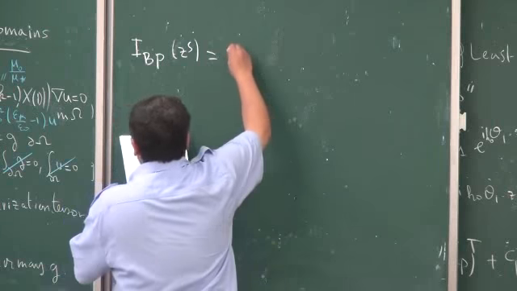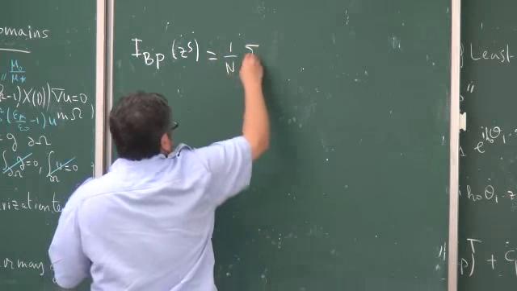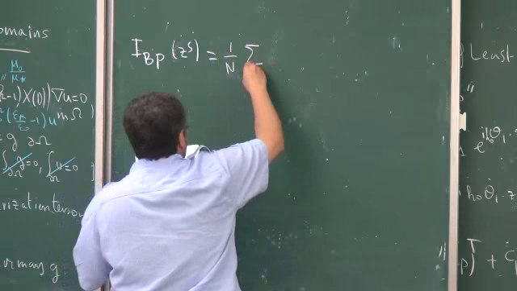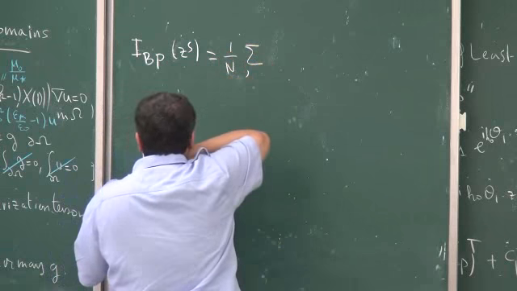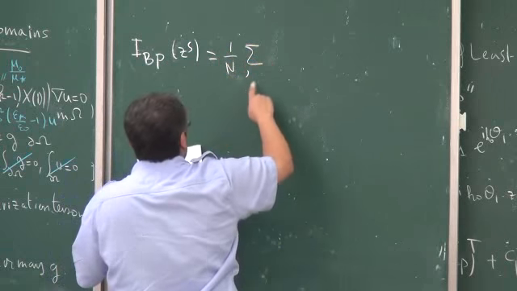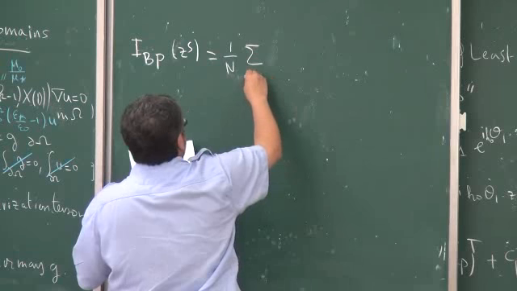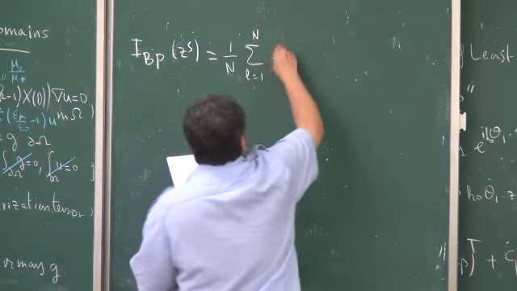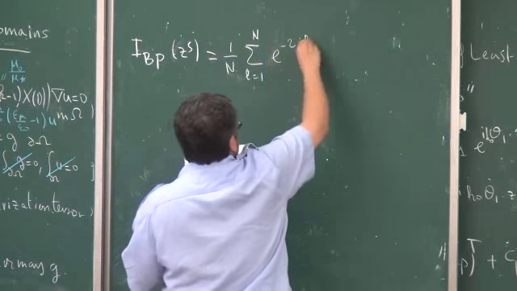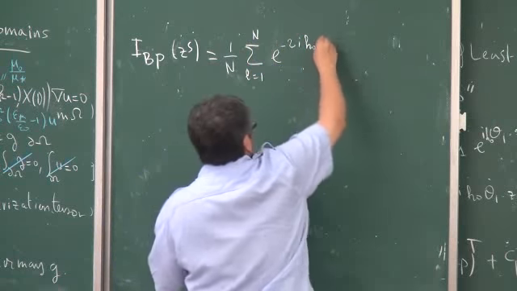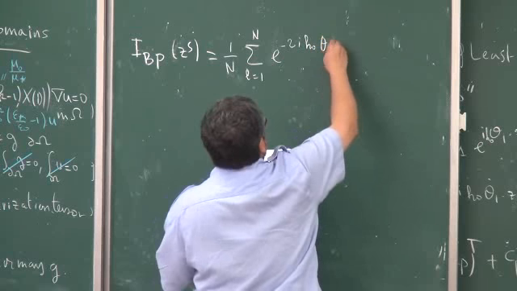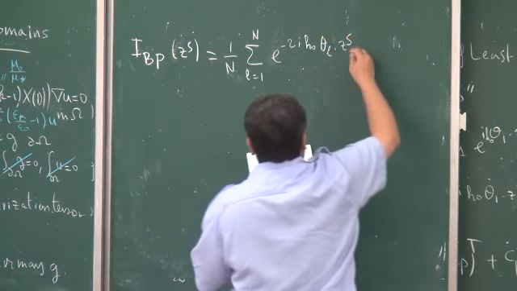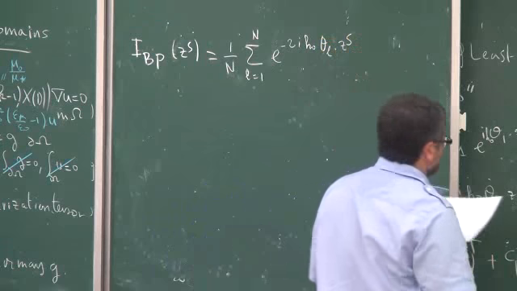These choices: so 1 over N, the sum of p equal 1 of l equal 1 to capital N, exponential minus 2ik0 theta L ds. Let me write it first and then discuss it.